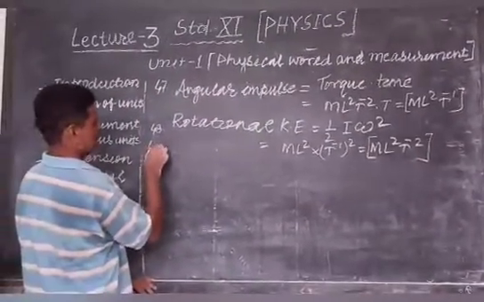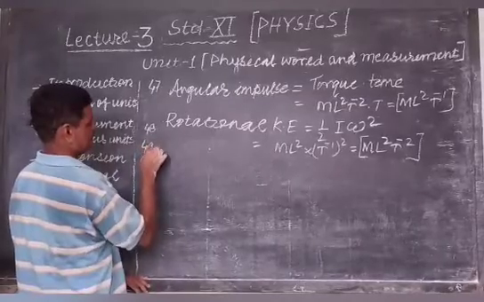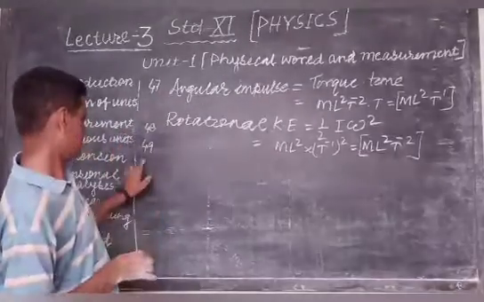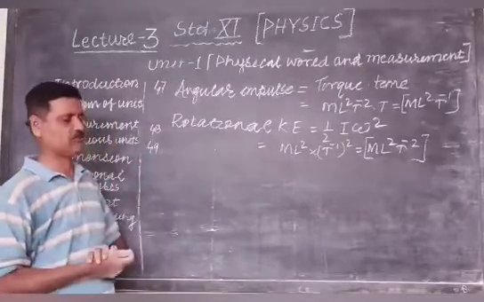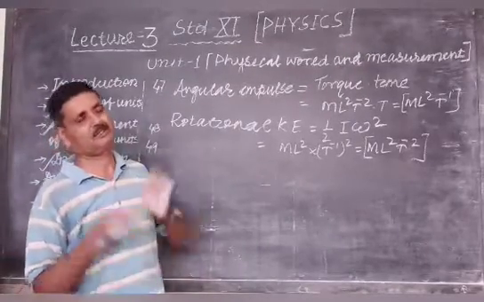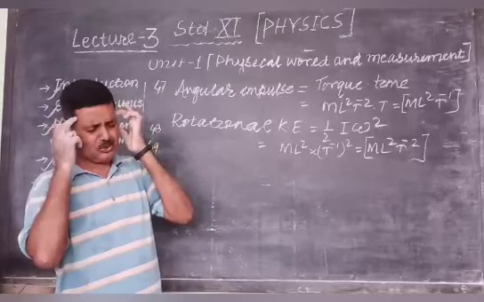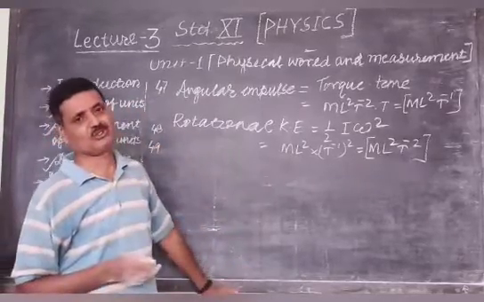Now serial number, we are very close to half century. Our target is to achieve half century. 49th, that is your Planck's constant.